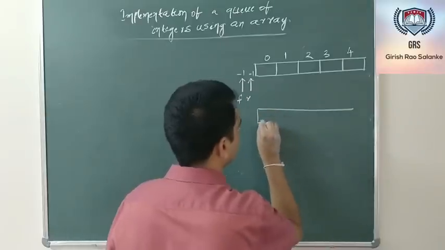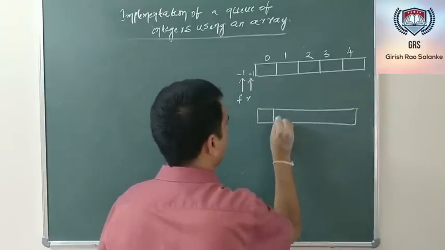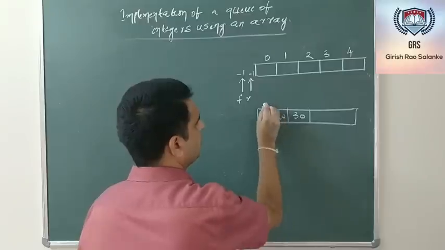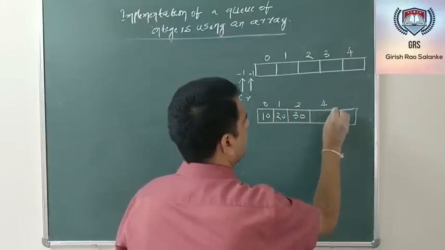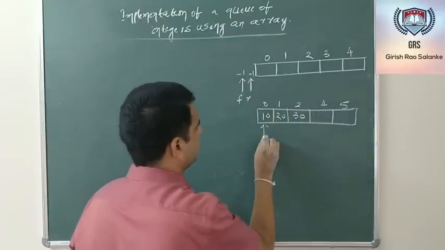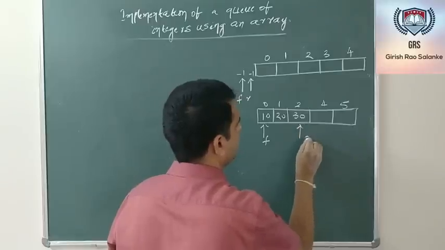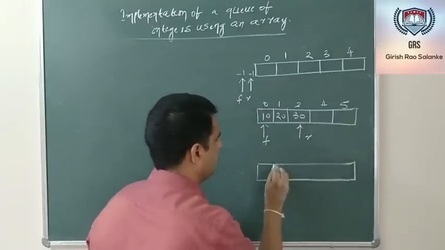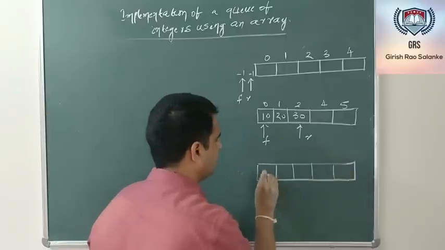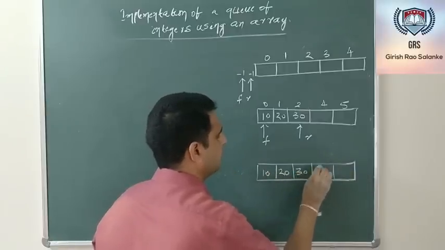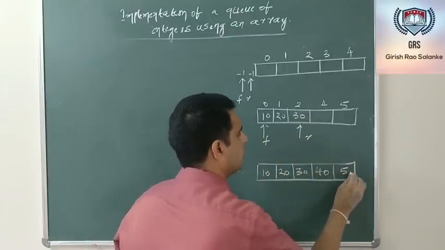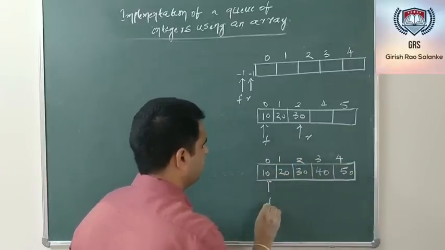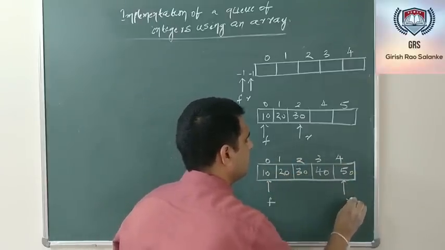I'll have one more instance wherein I will assume that I have pushed only 3 elements onto my Q, 10, 20, 30. So this is my front end and this will be my rear end. I'll take one more instance wherein I'll assume that there are all 5 elements in my queue, 10, 20, 30, 40, 50. So this is my front end and this is my rear end.